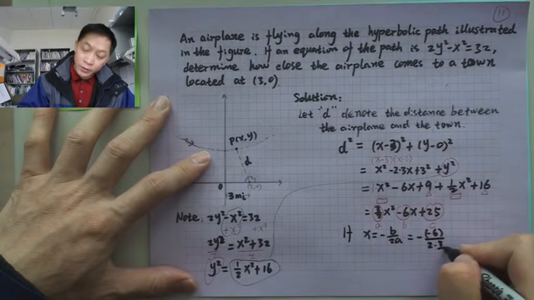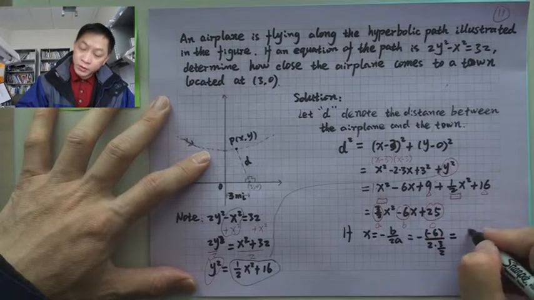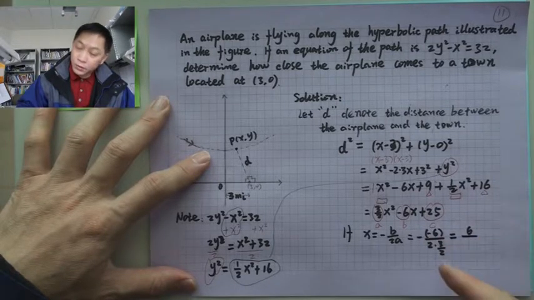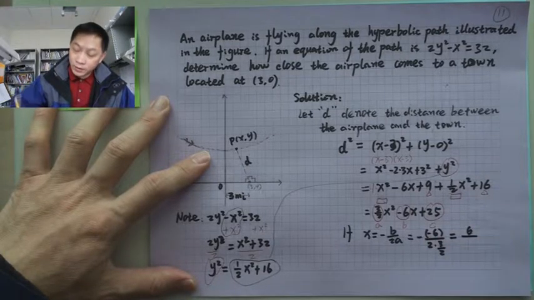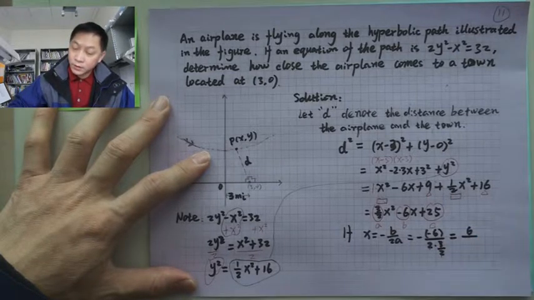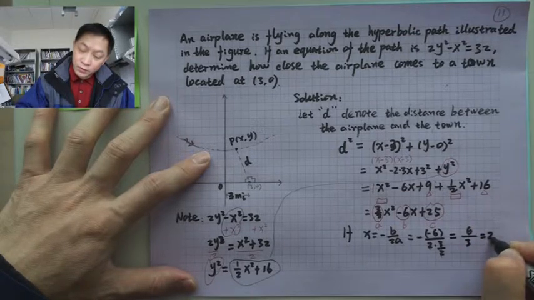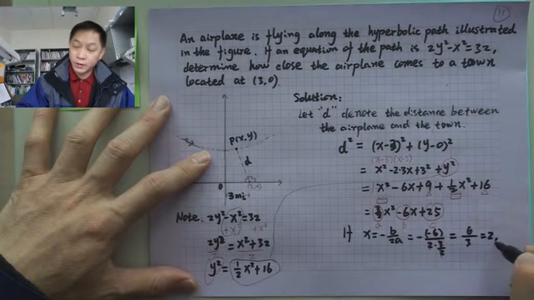The 2s cancel each other, so you have 6 divided by 3, which gives us 2.